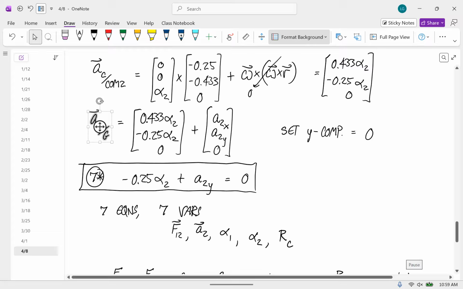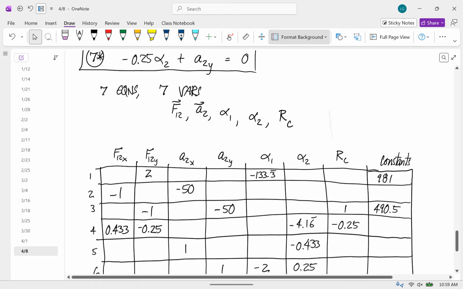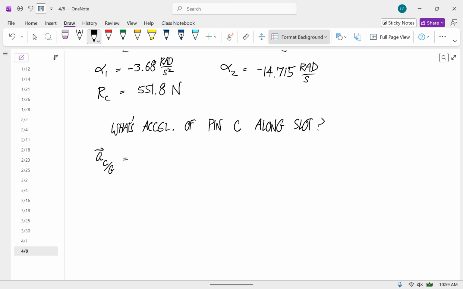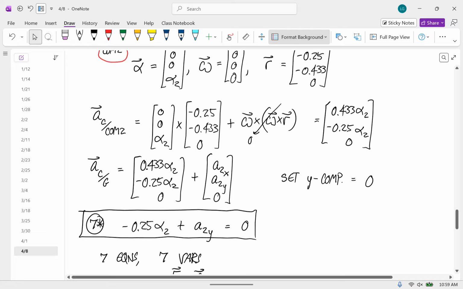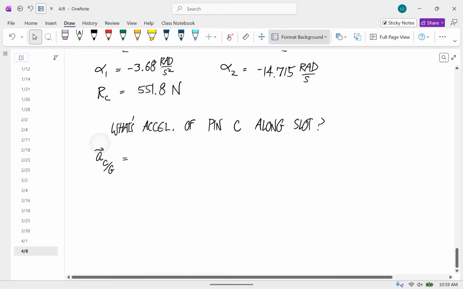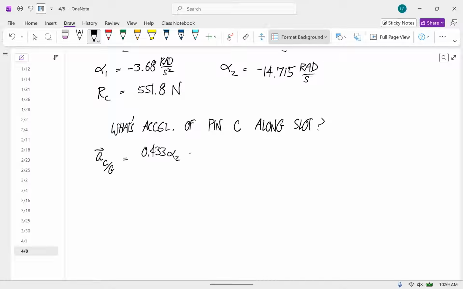And so what about the x equation? So we have 0.433 alpha 2 plus a2x. The acceleration of C relative to the ground is equal to 0.433 times alpha 2 plus a2x.